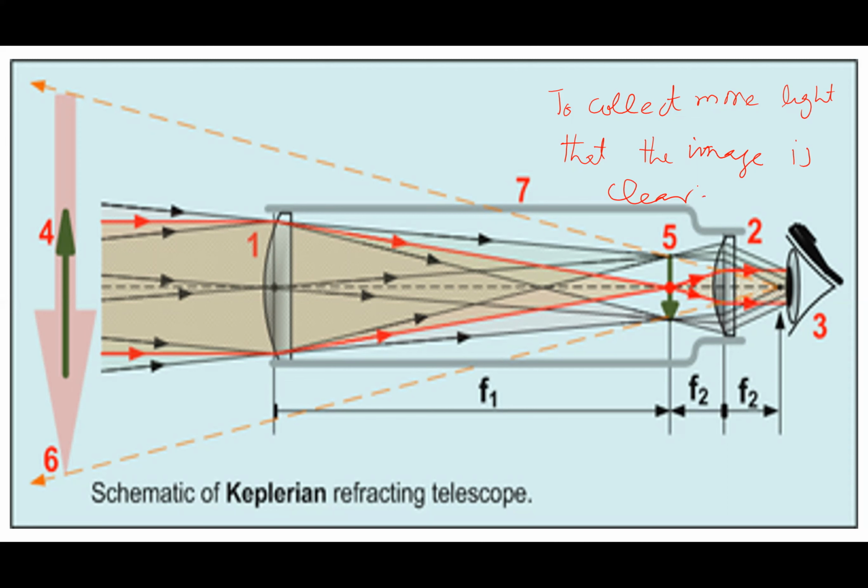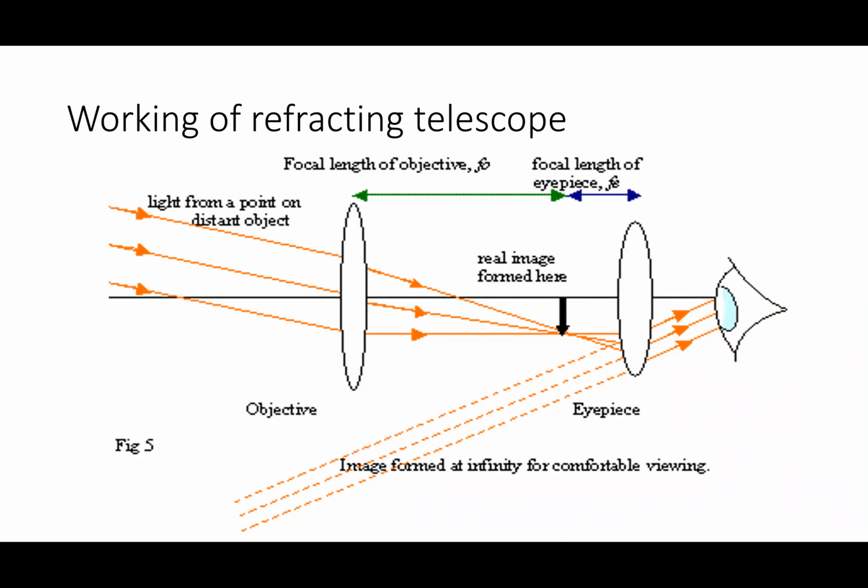Now, this is eyepiece. This is objective lens. And the light is coming from far object. Now, this is the actual ray diagram: working of a refracting telescope.